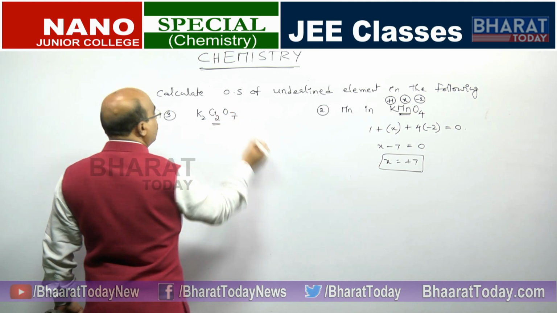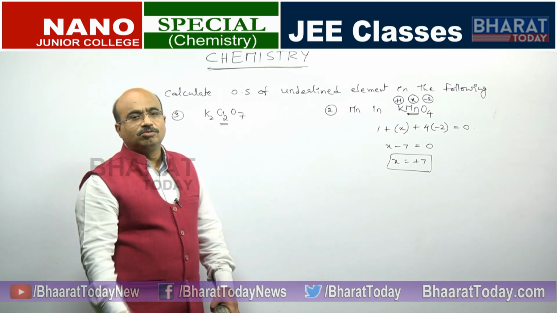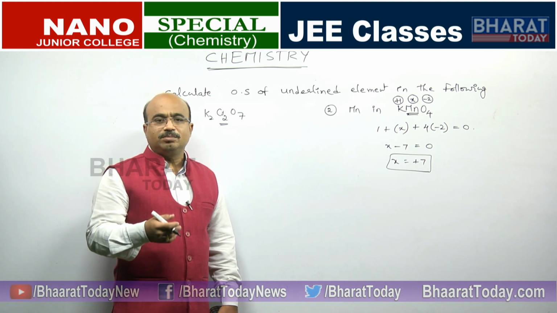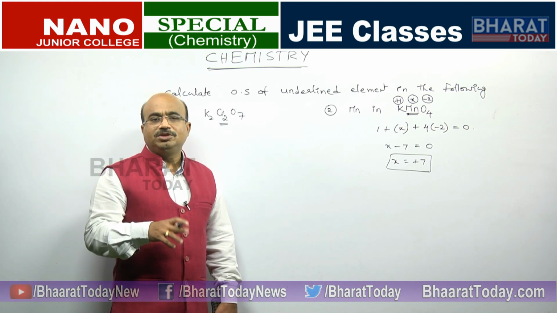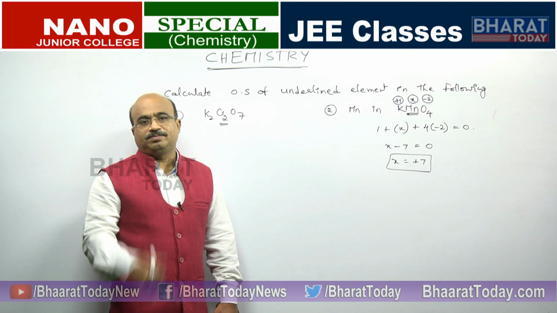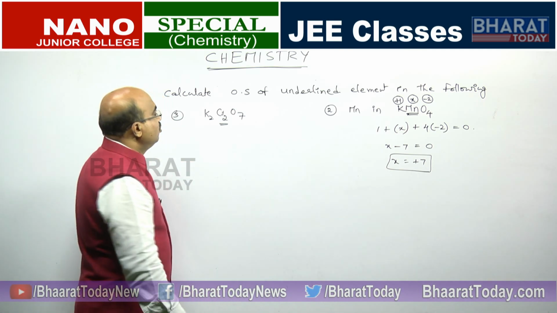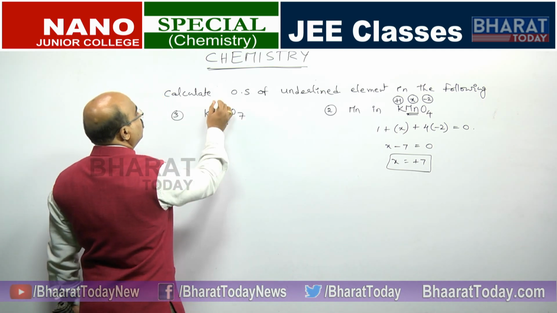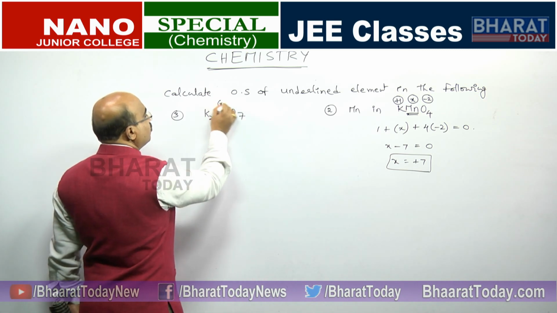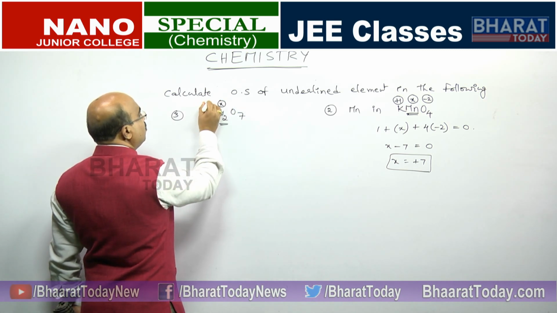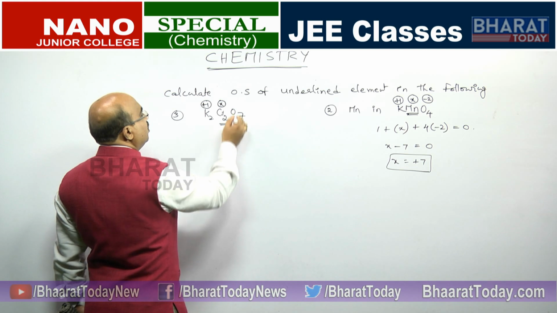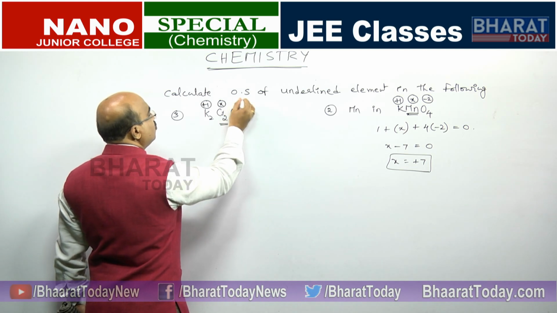K2Cr2O7, the oxidation state of chromium. I am taking all these general molecules because you will come across them so many times. So what is it on the chromium? Assume this is x, plus 1 for each potassium, and oxygen again minus 2.